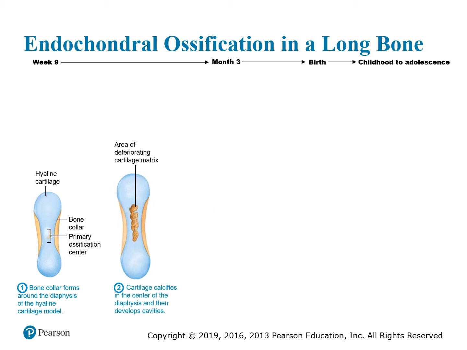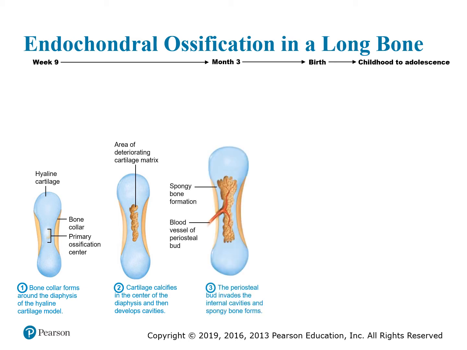In the second step, cartilage will calcify in the center of the diaphysis, and at that point it'll begin to deteriorate and form cavities. So now at this primary ossification center, you haven't just gotten a little bit of bone tissue and calcium in here, you've also gotten an open space.